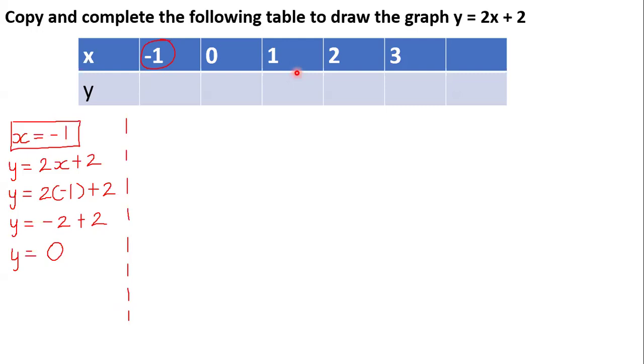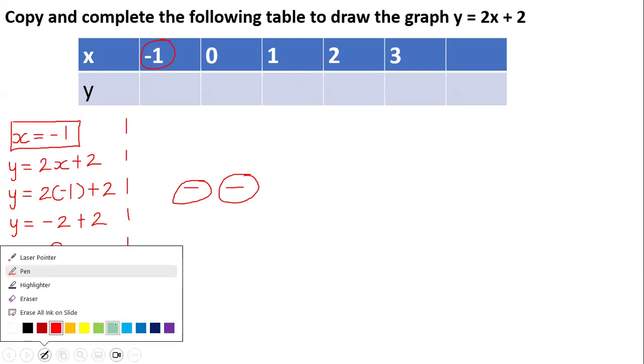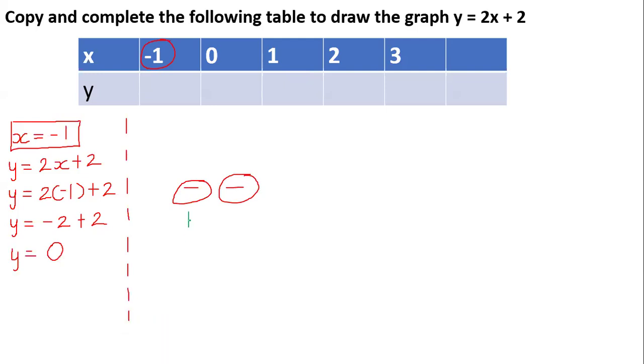If this is a negative and this is a positive, they cancel each other, so we're left with 0.